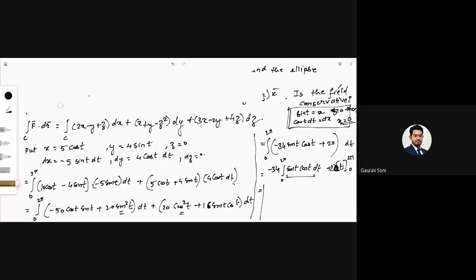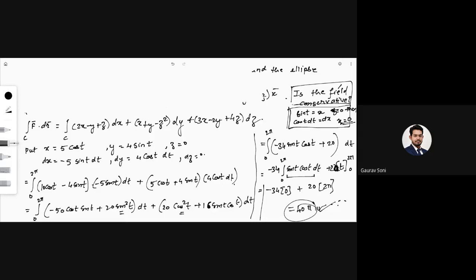So finally, what we get is minus 34 into 0 plus 20 into 2 pi. So this is 40 pi, the correct answer.